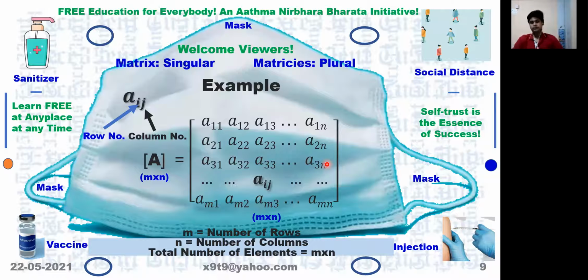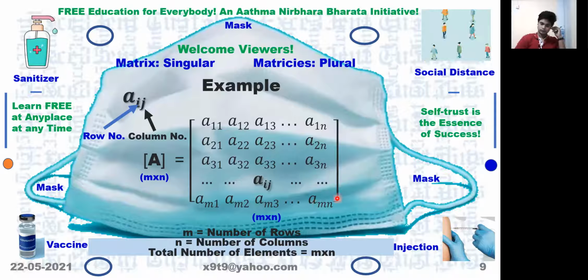Now j is 1 for first column. All of them will have number 1. j is equal to 2 for all elements in the second column. j is 3 for all elements of the third column. Like that, this Amn means it is the row number m and column number n.